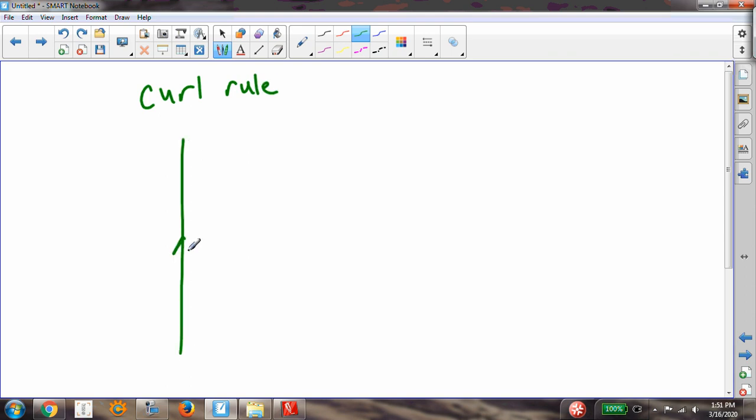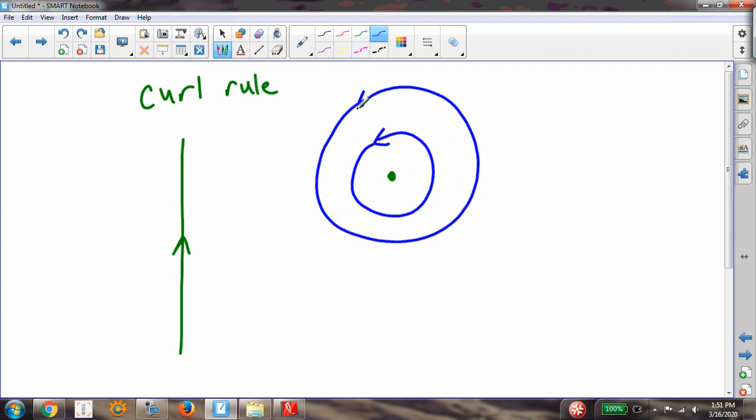The curl rule just says if I have a wire like this, there's a magnetic field that goes around it. Imagine this wire that you're looking at on end so that the wire is coming towards you. So here you're just looking at the tip of the wire as it comes out of the page. The magnetic field that surrounds this wire will be like this. There'll be a magnetic field that will emanate outward.